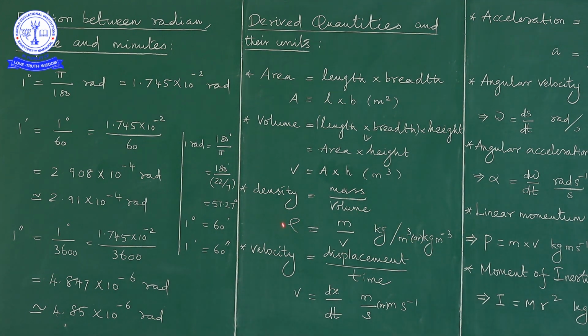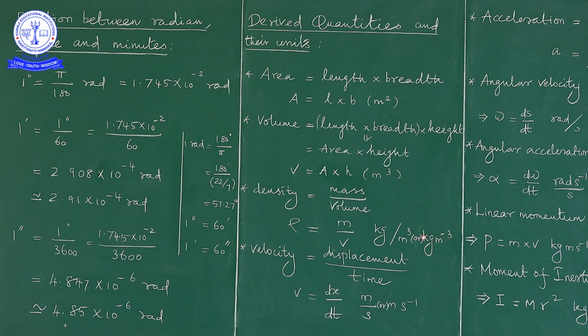The expression for the density is rho is equal to m by v, which is nothing but density. So the unit of mass is kilogram, the unit of volume is meter cube, so it is in fractional format. When written like this, it becomes kilogram meter power minus 3.